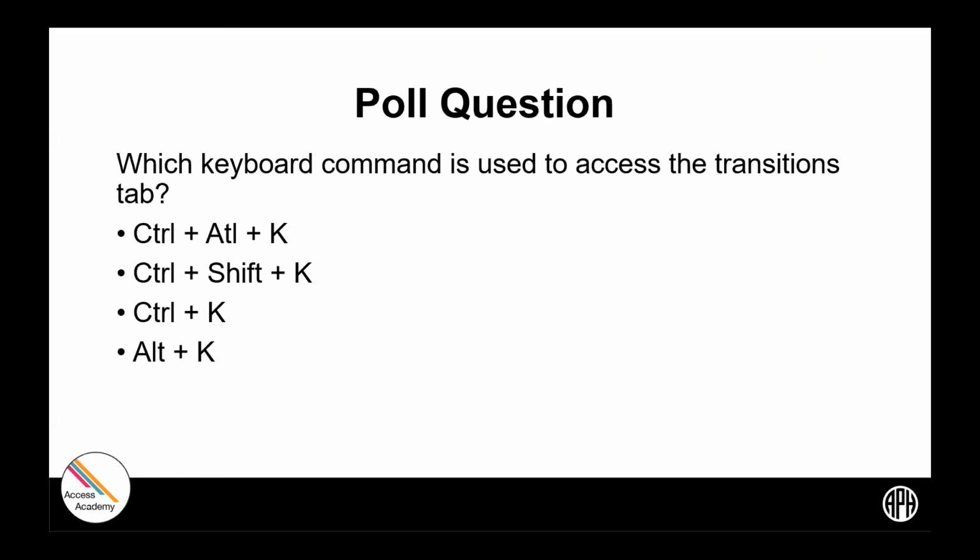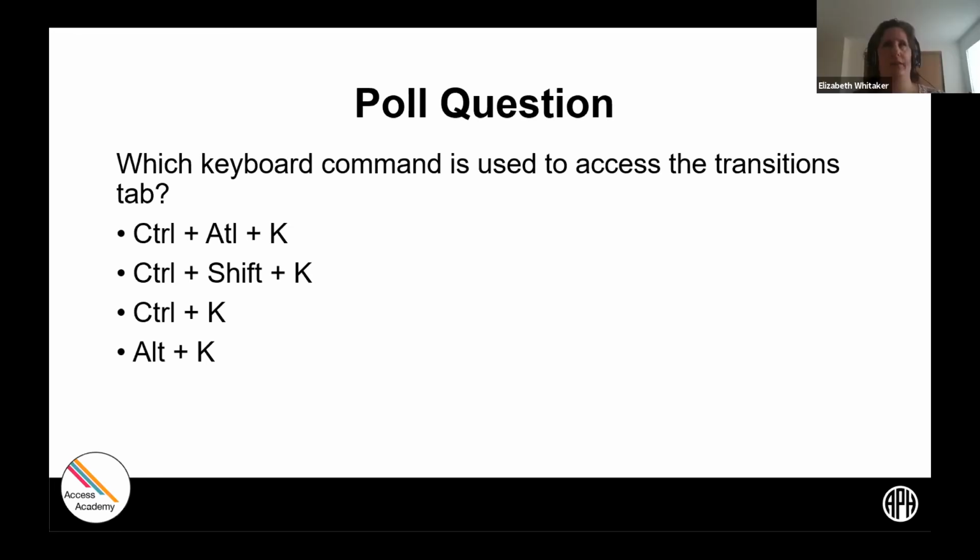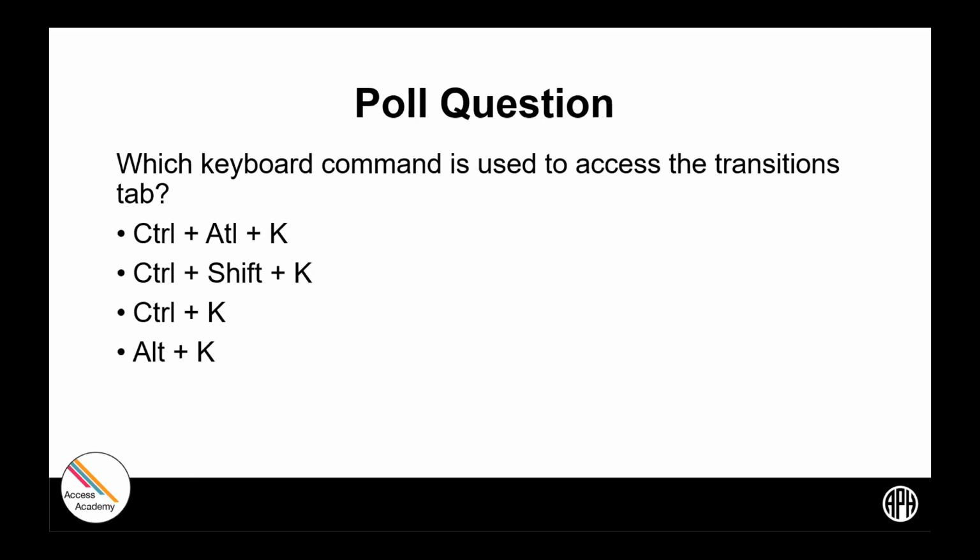Your options were Control Alt K, that's what 4% of you believed. 14% said Control Shift plus K. 11% said Control plus K, and finally 71% said Alt plus K. Alt plus K was the correct response. So the majority got it right. We really tried to trip you up on that one. And I've ended that poll.